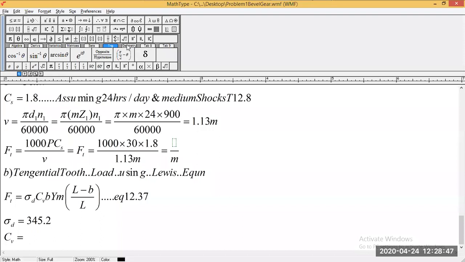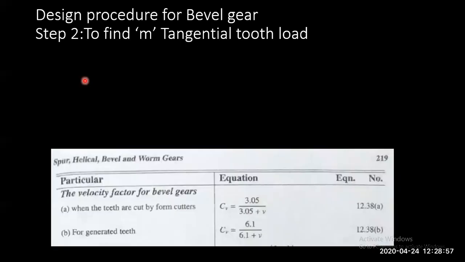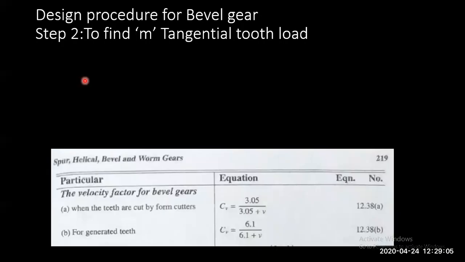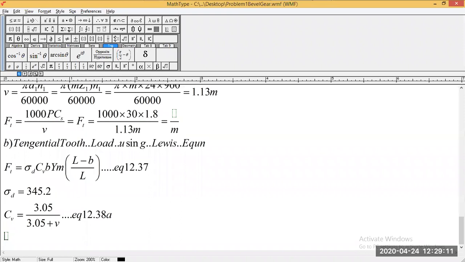So this is 3.05 over 3.05 minus V, plus... this is plus, right? This is from equation 12.38. This gear is done by form cutter, therefore use this equation here.